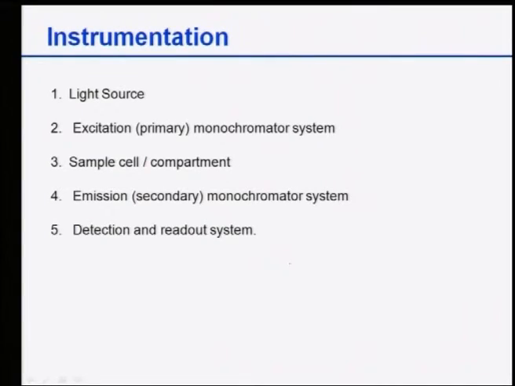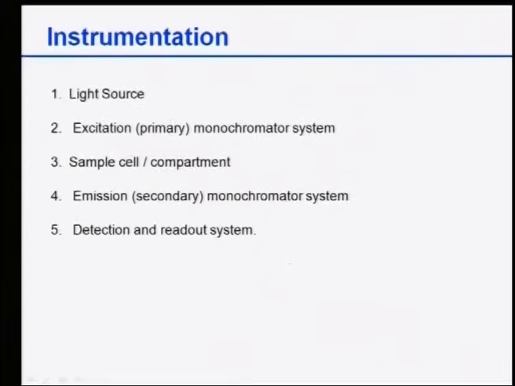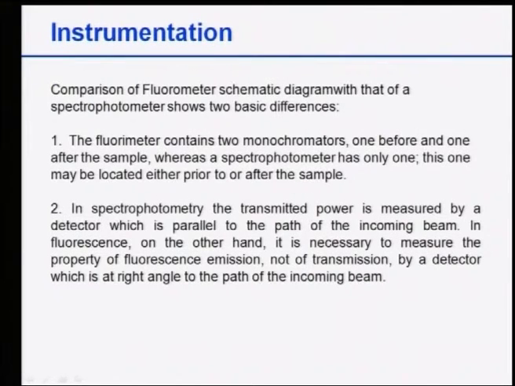Last thing which I am going to discuss is basically the instrumentation. What you need in a photoluminescence spectroscopy is a light source, an excitation monochromator, a sample or cell compartment, an emission monochromator and a detector system. These are the 5 things you need for this. So, in comparison, the fluorometer, what is the heart of this machine?